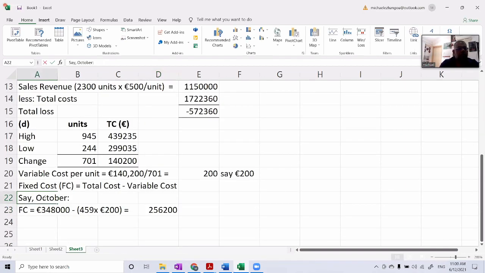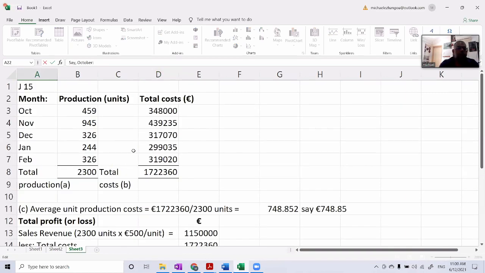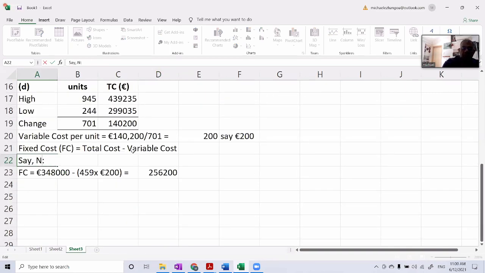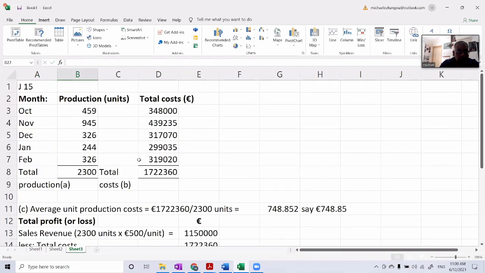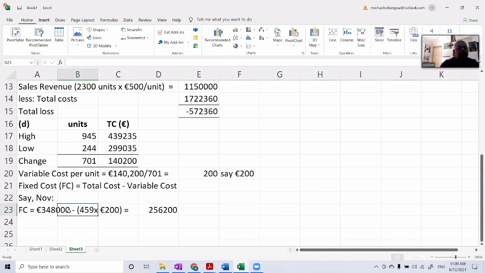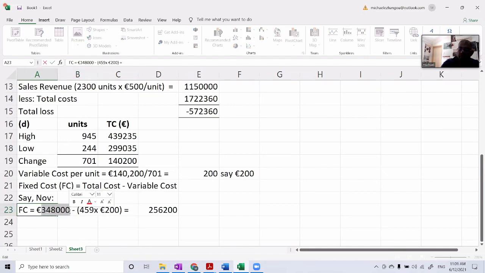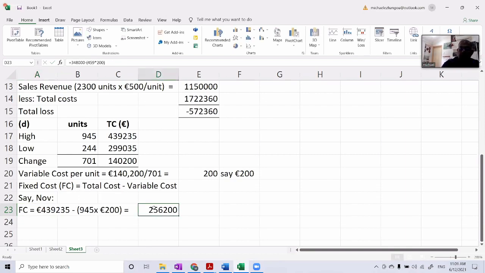Let's say I take November. All right, if I take November, 439,235 minus 945 times 200.